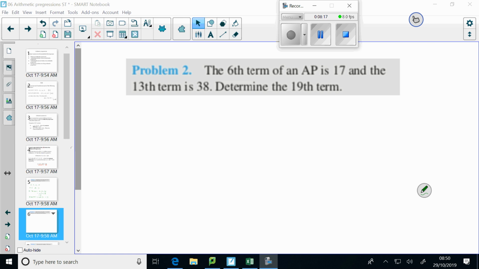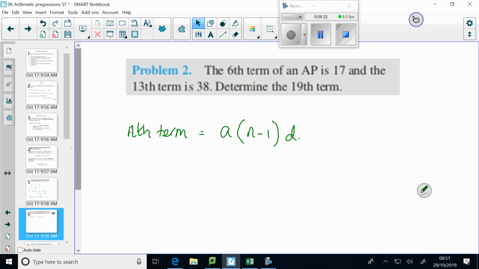Well, we know nth term is equal to A plus n minus 1 times D. Yeah. Which things do we know there? We know that sixth term is 17.